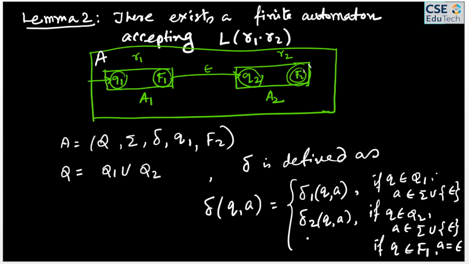Then where can you go? It will be Q2 only, because if you are in these states and your input is epsilon, you can move to Q2.